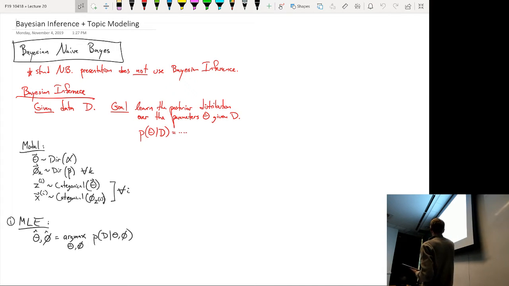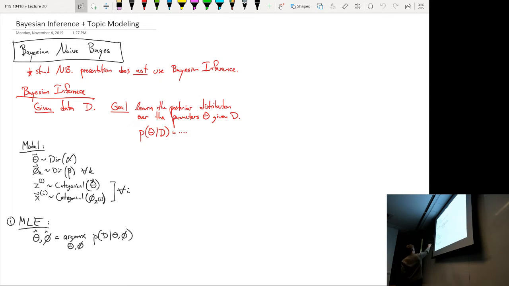Oh, sorry, there's an important detail that I need to fix here. We have to have this inner for loop over features, or else we'd only have one feature.